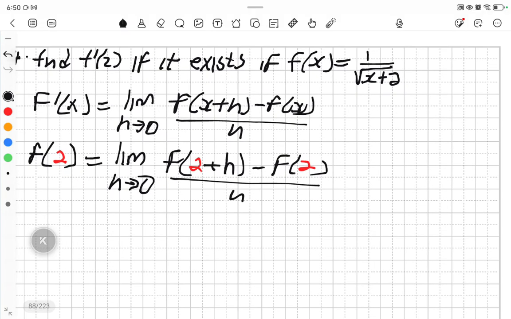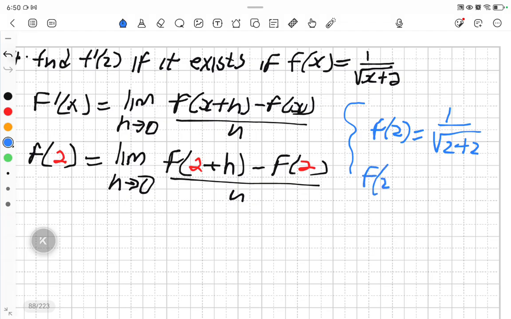And here we should know this, that f of 2 will be 1 over root of 2 plus 2, and f of 2 plus h will be 1 over root of 2 plus h plus 2. You see, right?